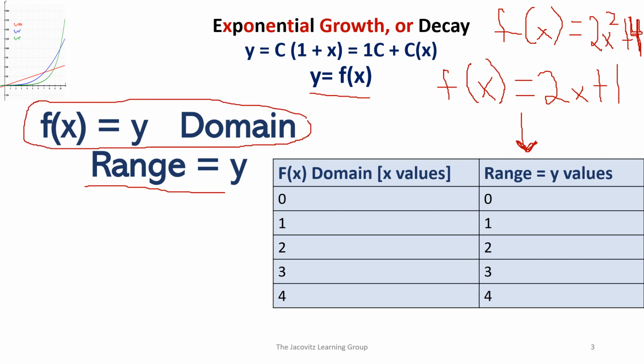So if you forget what your domain is, which are your x values, just try to remember what your range is and think of a range as going up. When you're driving on a mountain range, you're going up. Just remember your range is your y values.